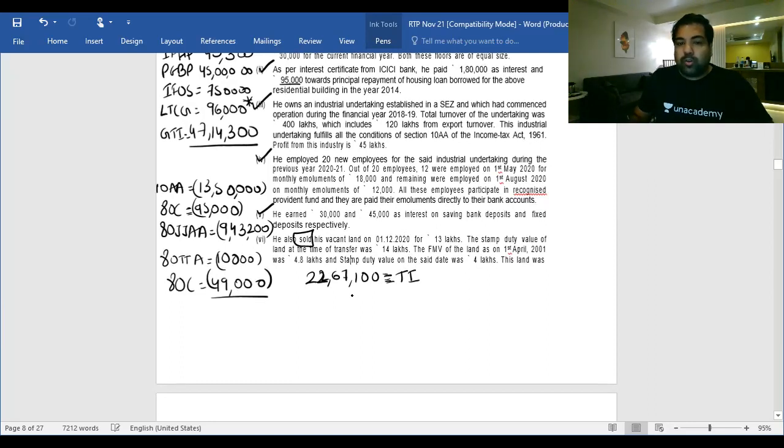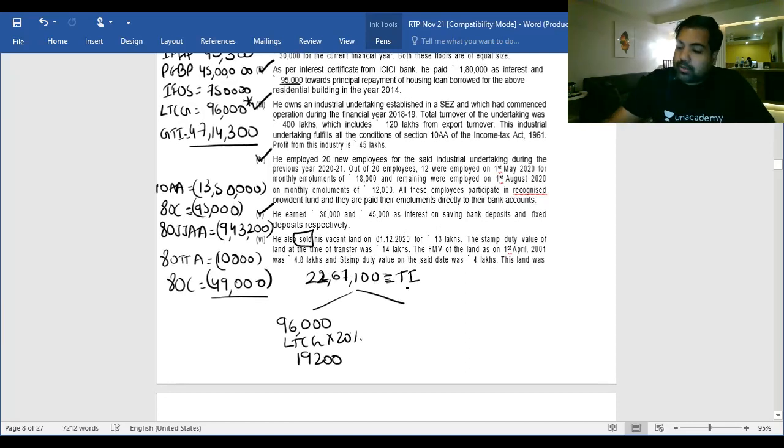Now, how do you calculate tax, guys? On the first 96,000 long-term capital gain, you will calculate at 20%. So 96,000 into 20%, that is 19,200. And on the remaining, 22 lakh 67,100 minus 96,000, that gives you 21 lakh 71,100.